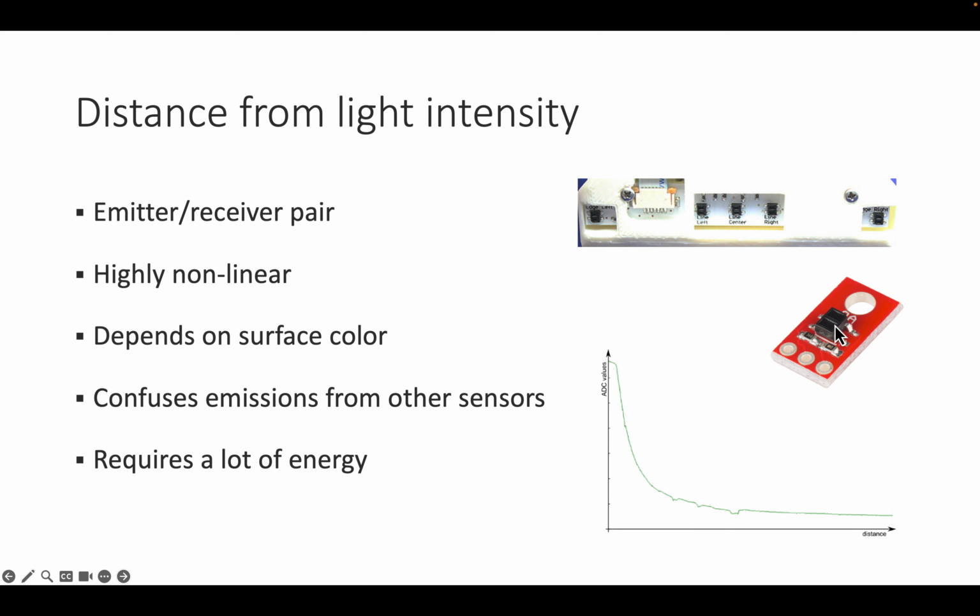And as light decays quadratically with distance, we will see a very highly nonlinear response. So when I'm very close, I get a lot of light back, and as I go further away, the amount of light that comes back diminishes. So I need to turn it into a linear measurement of distance, like in meters, but I also will probably see a lot of reduction in accuracy as I go down.